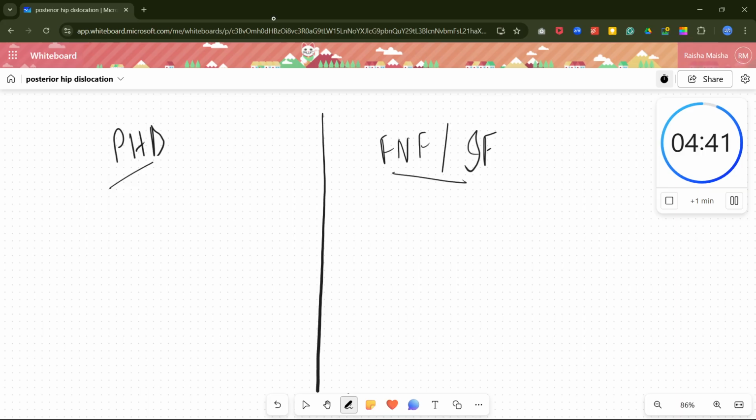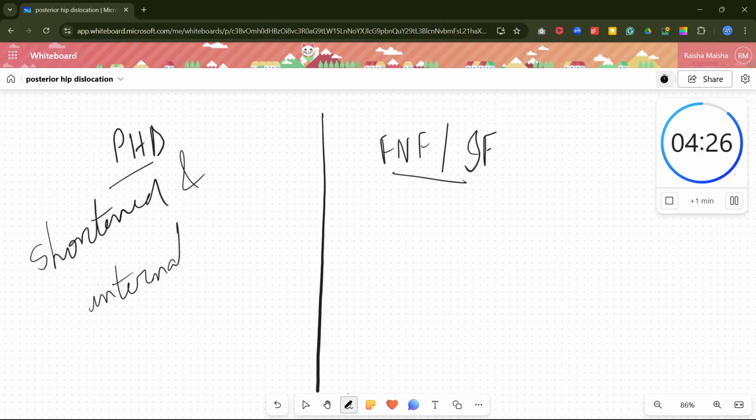In posterior hip dislocation, the hip is shortened and internally rotated.